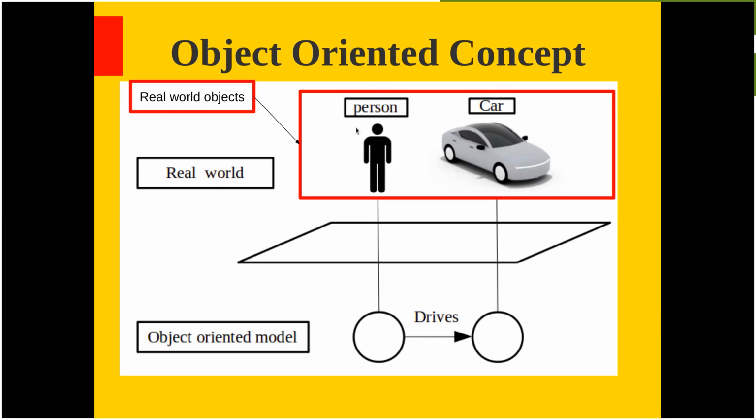These are real world objects and we convert them to programming objects in the object-oriented concept. Here there is a relationship between these objects. A person belongs to a car, like a person drives a car. So there is a relationship.